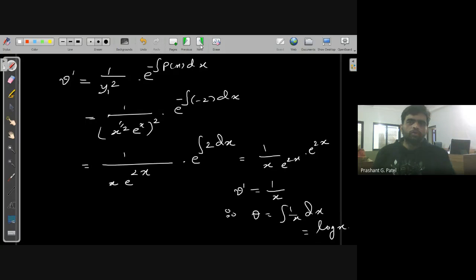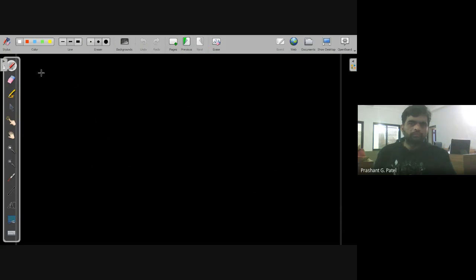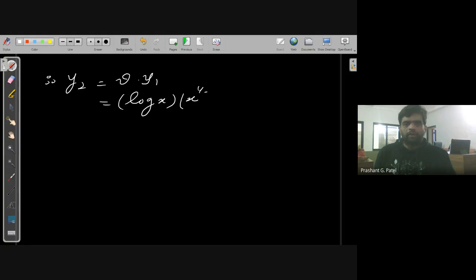So what will be the solution? Therefore y2 is v into y1. V we have as log x. We already calculated y1, that is x power 1 by 2 into e power x.